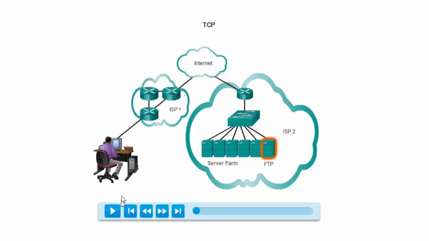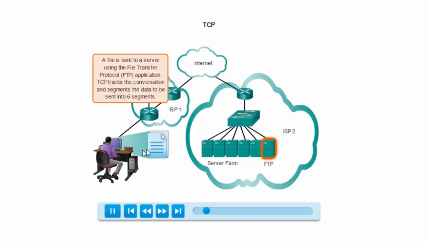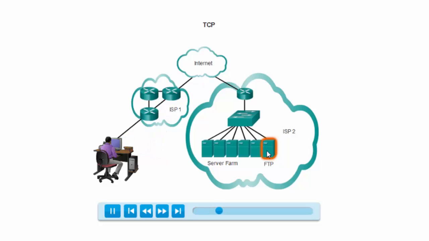In that case, providing reliable communication means that the individual segments from the client will be sent to the server, and then the server needs to acknowledge to the client that it has received all these segments. So it should acknowledge the fact that the last three segments have been received, and only then can the client send another three segments.